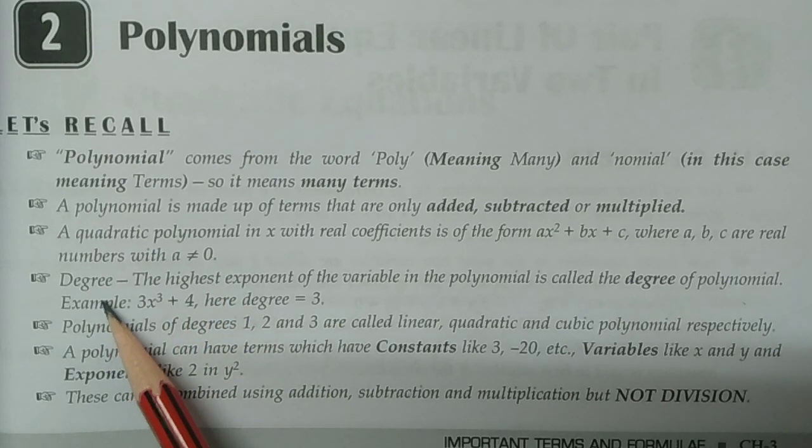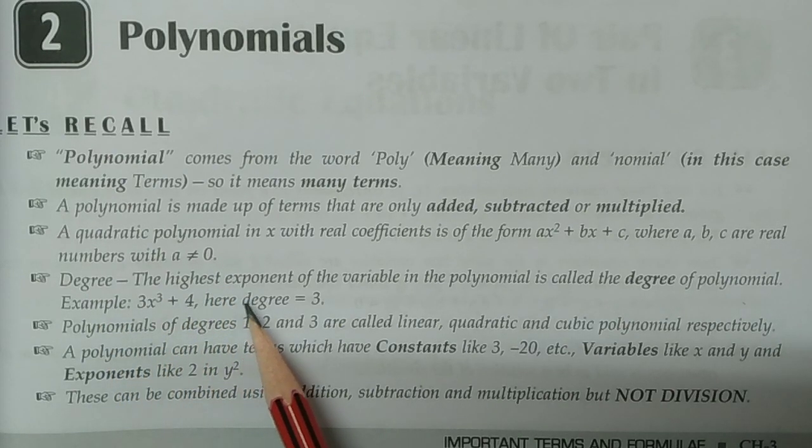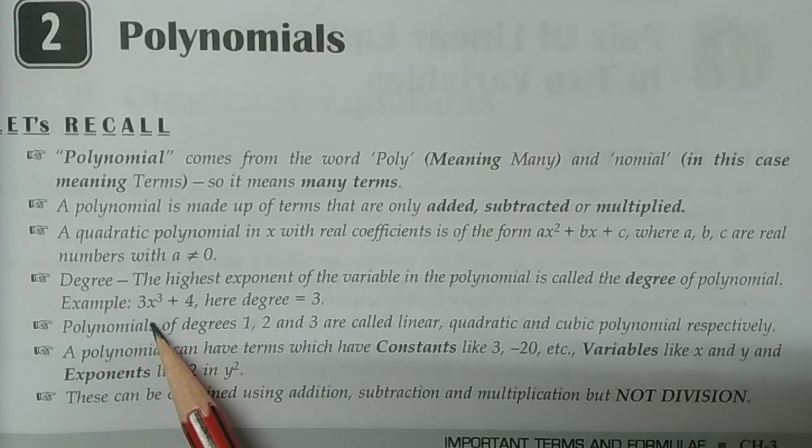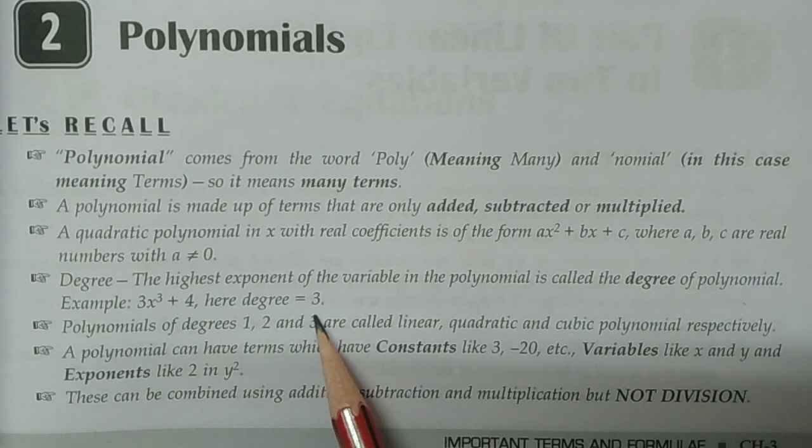Next, degree. The highest exponent of the variable in the polynomial is called the degree of the polynomial. Example, 3x square plus 4, here degree equal to 2. Next, polynomials of degrees 1, 2, 3 are called linear, quadratic, and cubic polynomials respectively.